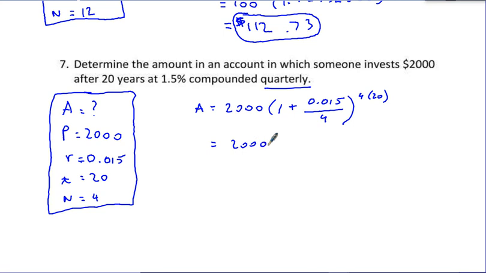So 2,000 times, simplifying what's inside first by dividing 0.015 by 4 and then adding 1, we get 1.00375, raise that to the 80th power as you multiply 4 and 20. We take 1.00375, raise that to the 80th power.